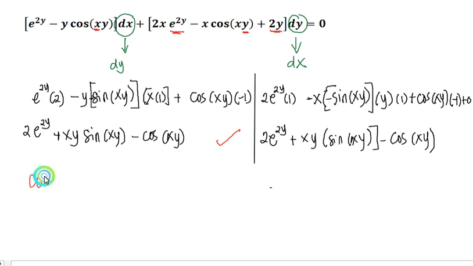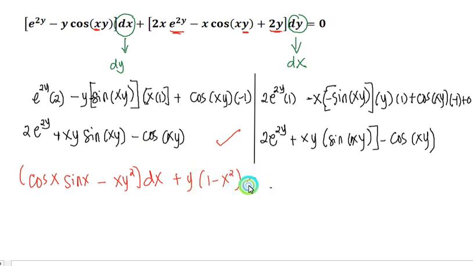Cosine x sine x minus x y squared dx plus y times 1 minus x squared dy is equal to 0.